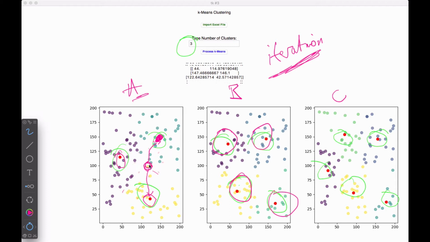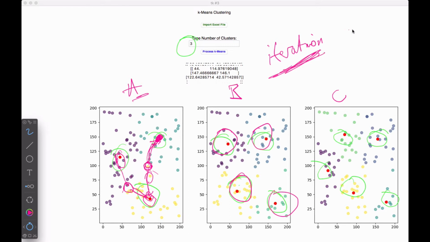This point is closer to this than to that, so this point will now be associated with this. So the centroid will keep on adjusting itself until the points are correctly associated with the various centroids.